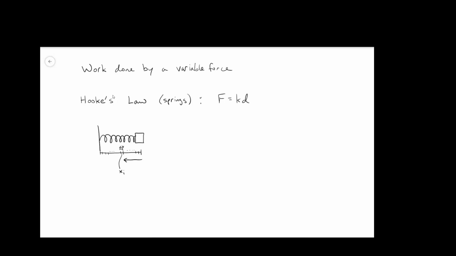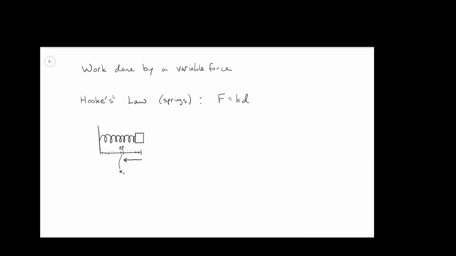So what we can do to figure this out is to suppose that the amount of force required to push that spring just that tiny little distance, delta x, we'll assume that's constant, okay?